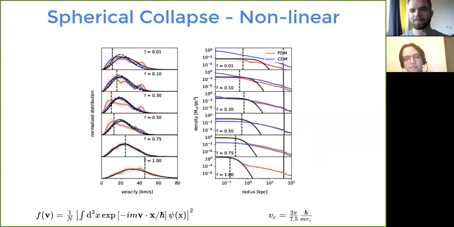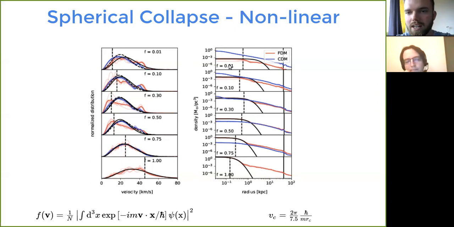So now let me come to the interesting part actually, which is now the strongly nonlinear regime. So if we let our halo further collapse and virialize, and these are now final results for different fractions of fuzzy dark matter. Here we see radial density profiles on the right for different fuzzy dark matter fractions.